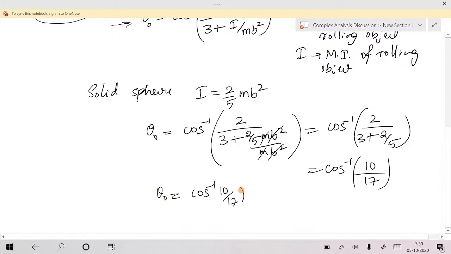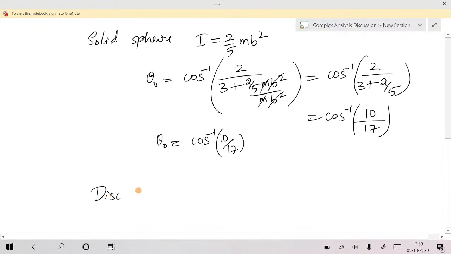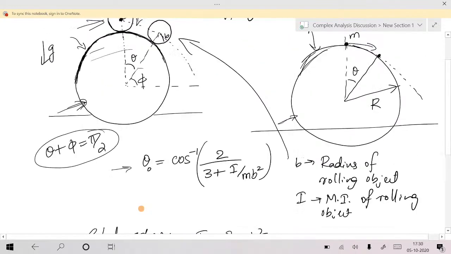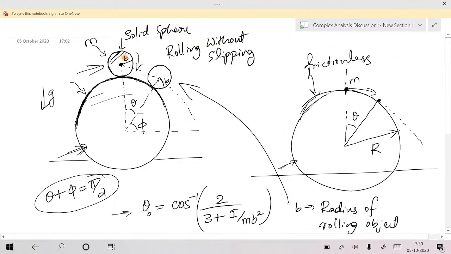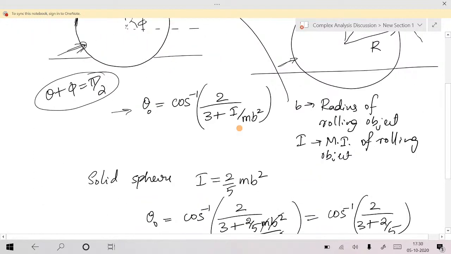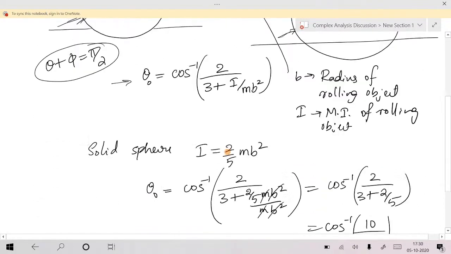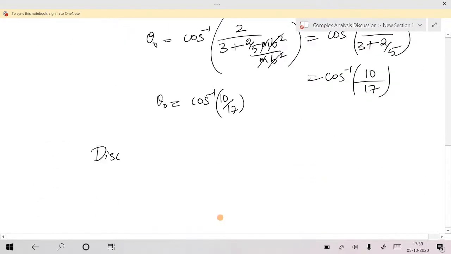Again, if it is a disk which is rolling like this, then its moment of inertia about an axis passing through the center of mass perpendicular to the plane of this screen is I equal to m b square by 2. Am I right or not? Anyone? Yes, sir.